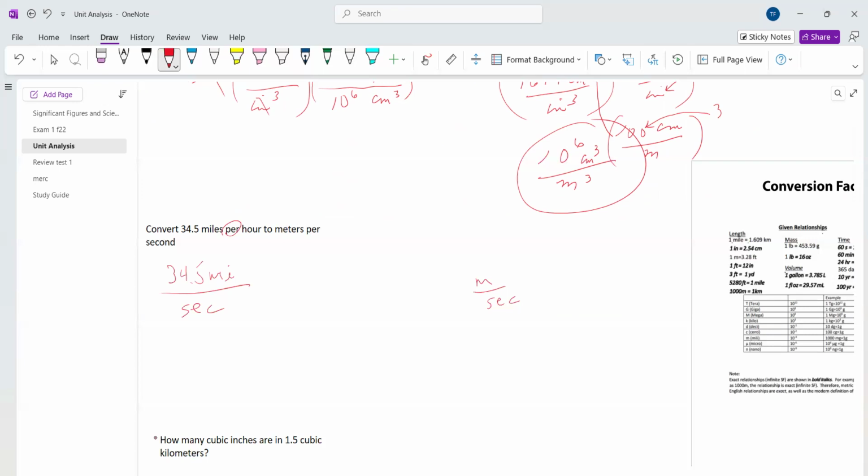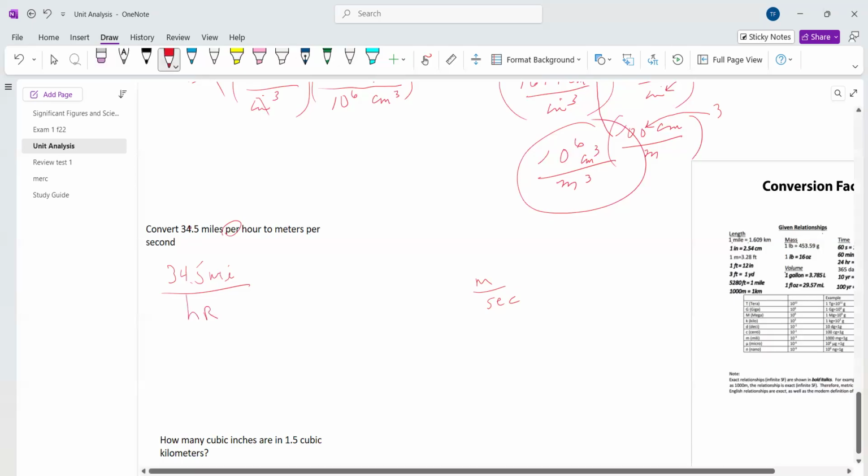Per hour. Yes, it is that. Ferguson, how'd you get seconds? Okay, so it's back to a two-step problem. Okay, all right, so hours to seconds.